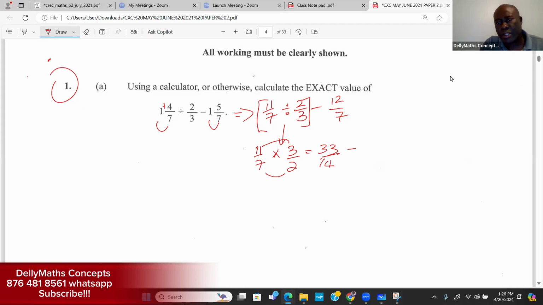We're going to subtract 12/7. The LCM is 14. 14 into itself is 1, 1 times 33 is 33, minus 7 into 14 is 2, 2 times 12 is 24. So when we subtract this, we're going to end up with 9/14.